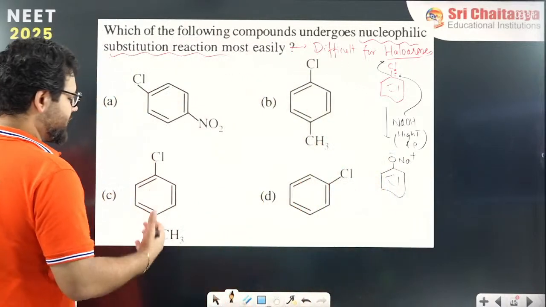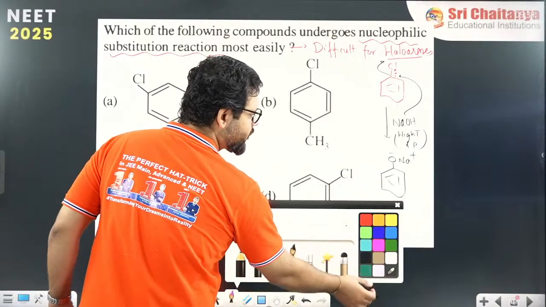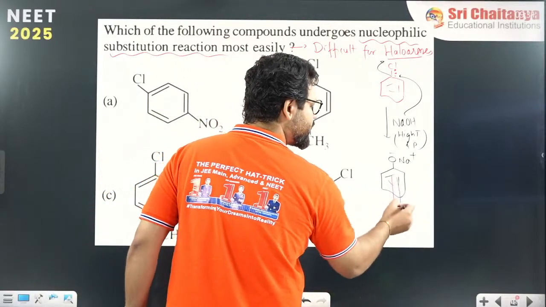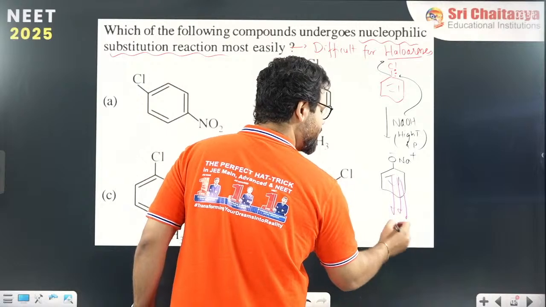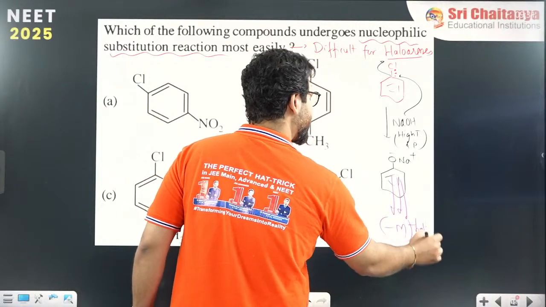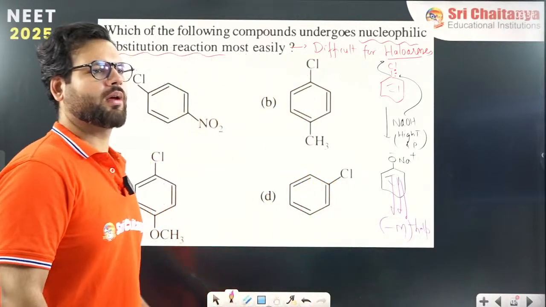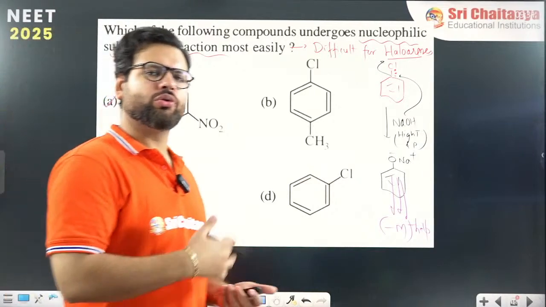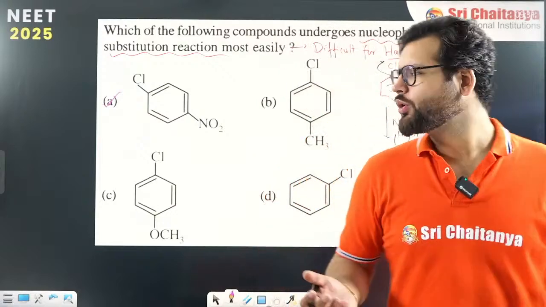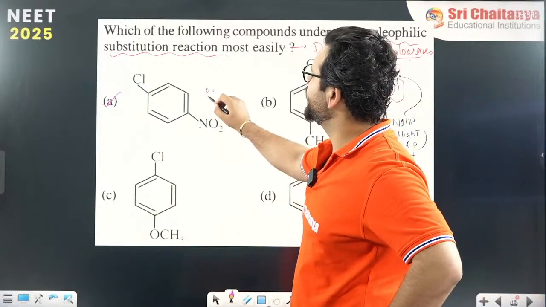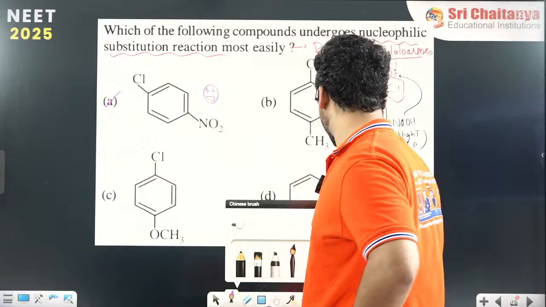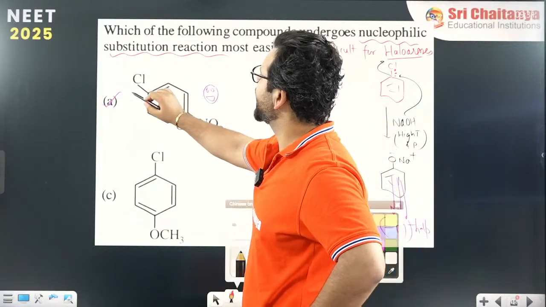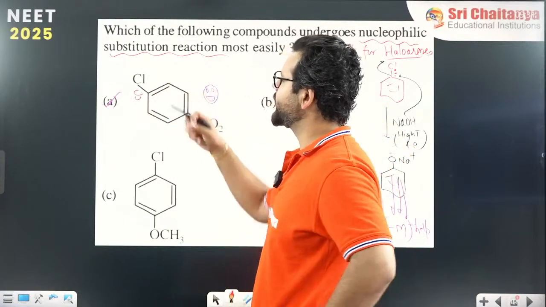But it is easy when electron withdrawing groups are attached. So minus M groups help in this process, you might have seen. Yes, so A is the answer, very good. Minus M groups, NO2 you can attach, CHO you can attach. So the Cl is going to be easily removed because NO2 is pulling electrons from this carbon bearing chlorine and making it more partial positive. So attack will be easy.